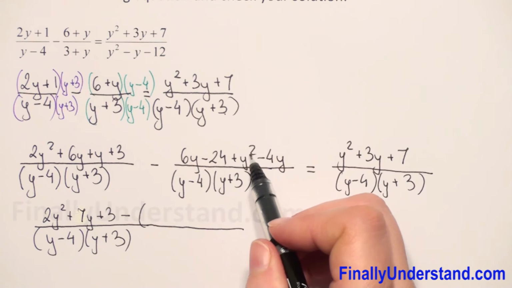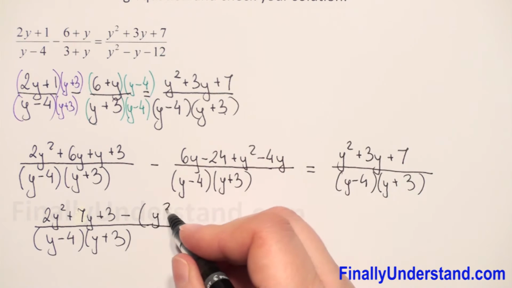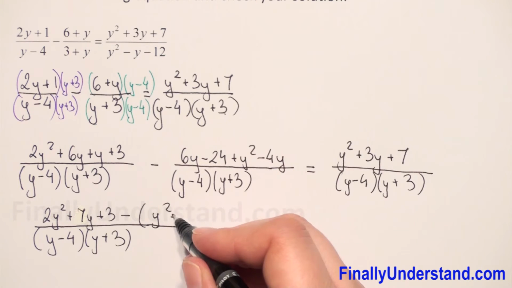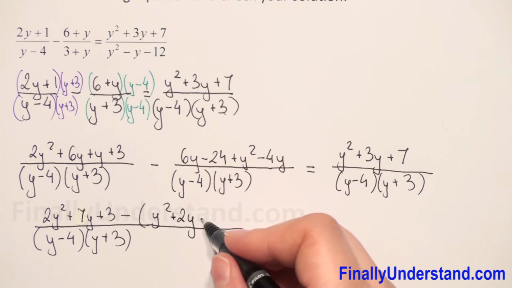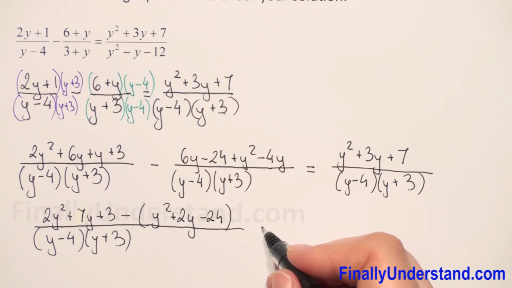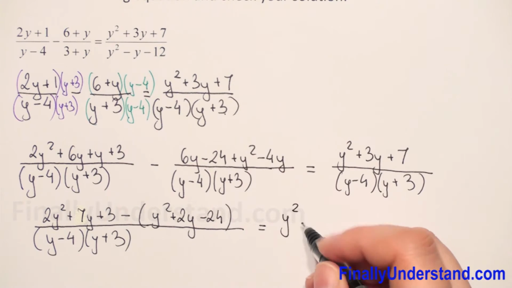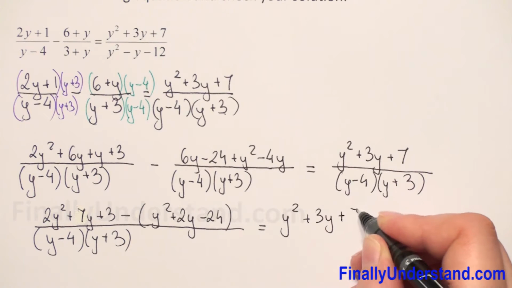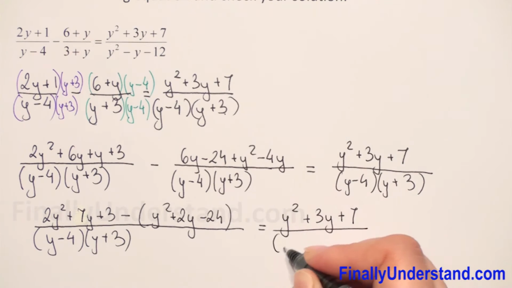So let's start from the highest power. We have y squared, 6y, negative 4y, so this is plus 2y, and negative 24 we have. So this is equal. The right side we have to rewrite.